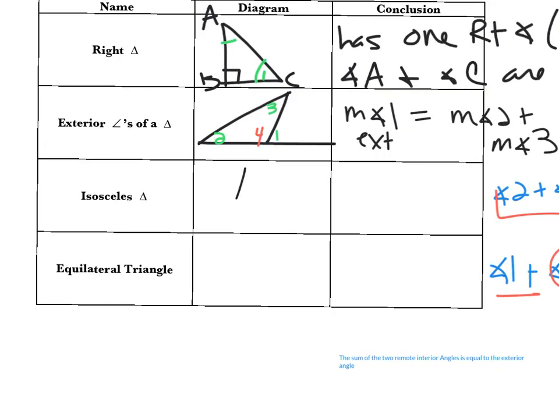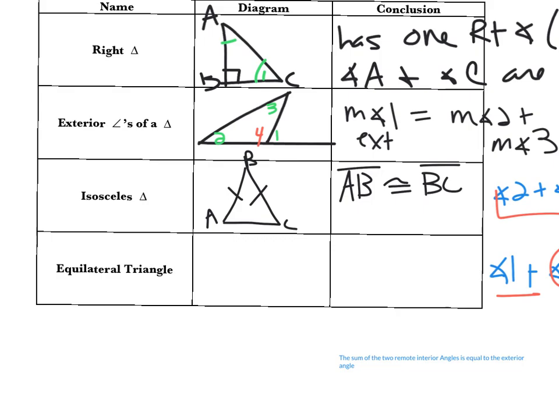Now an isosceles triangle, I bet you've heard of that before. Isosceles means it has 2 congruent sides. So in this case here, if I have triangle ABC, and notice that those tick marks that I've used mean that those 2 sides are congruent. That's a way of denoting on a picture that you have congruent sides.